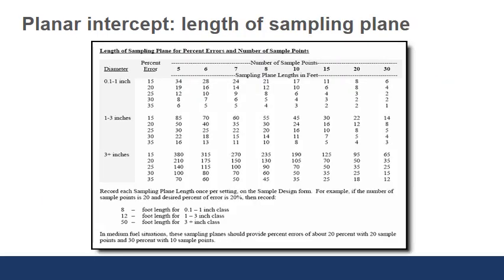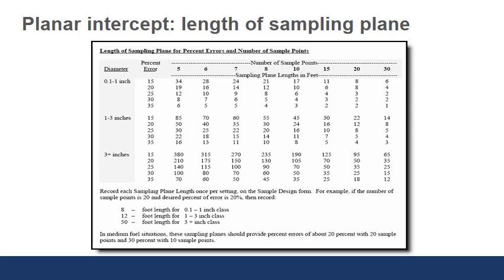The USDA Forest Service Common Stand Exam Field Guide expanded Brown's table to include percent errors from 15 to 35% and the number of sample points from 5 to 30 for different diameter fuels. For example, using the table above, suppose we require a standard error of 20% and we plan to sample at 20 points.